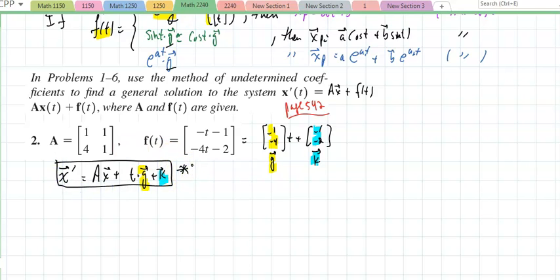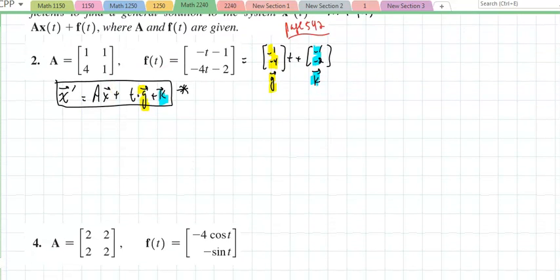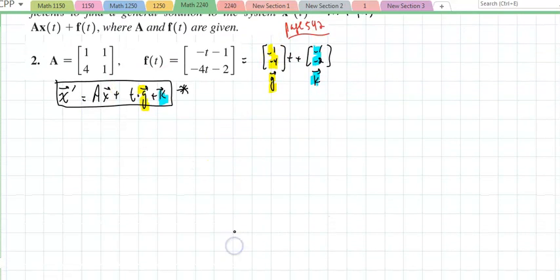Now, first, I'm going to say the complementary solution. And the complementary solution, we're going to let x equal u e to the rt. And x prime will be r u e to the rt.